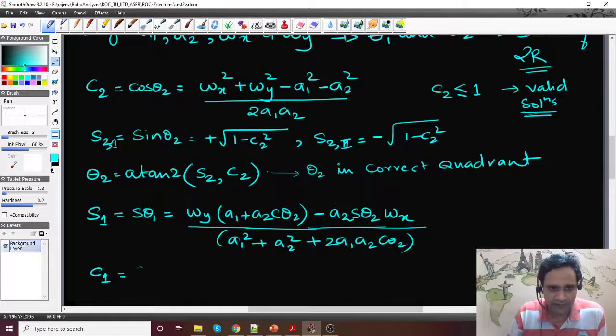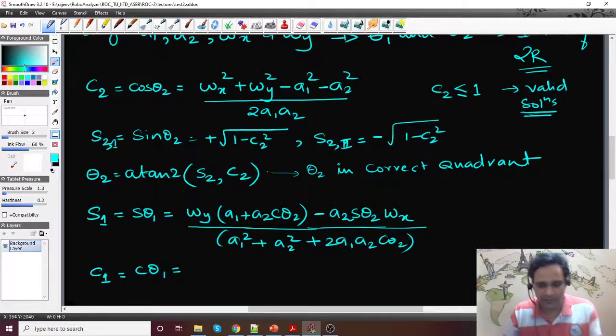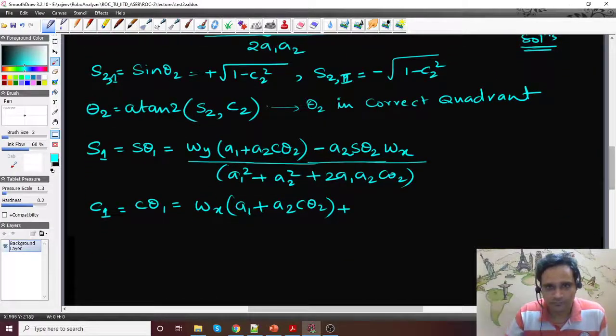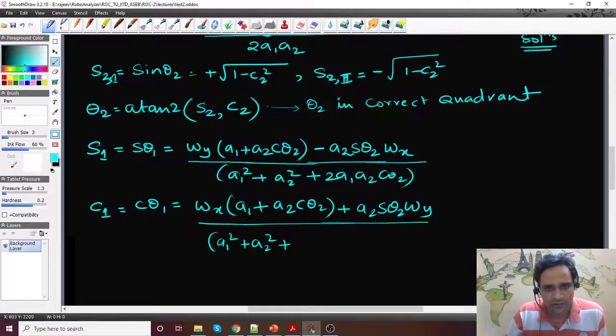Similarly, the c1 term will have cos theta 1 equivalent. Here we'll have wx into this term a1 plus a2 cos theta 2, and instead of negative it will be positive now, plus a2 sin theta 2 into wy, divided by the same denominator term a1 square plus a2 square plus 2a1 a2 cos theta 2.